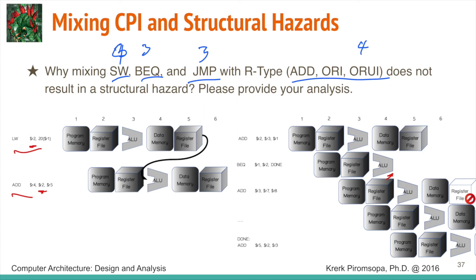Well, it's simply because the missing stage is at the end. If the missing stage is at the end, why bother? Because I don't have resource conflict at all. So that's why we don't have structural hazard in this case. You would only have structural hazard when the stage in the middle is missing, right? If not, we don't have it.